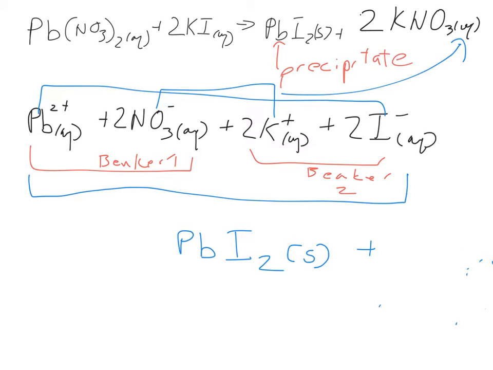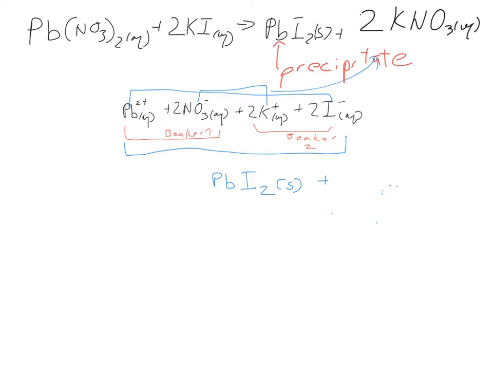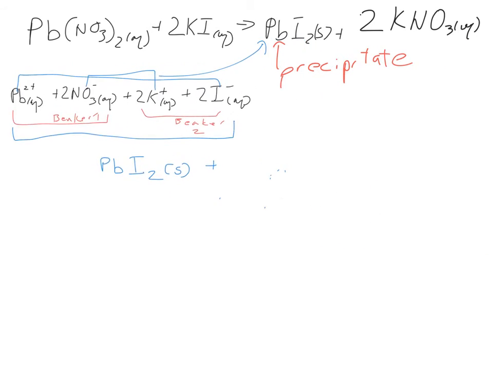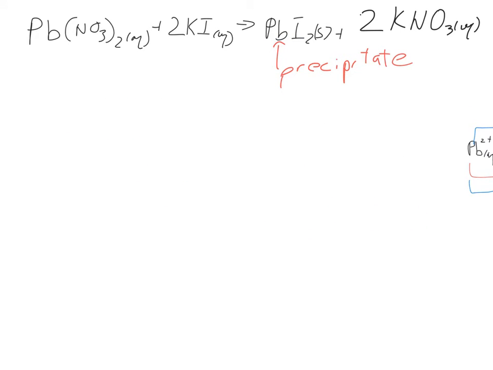So if I'm to do a little cleanup here, what we could actually say occurred in this reaction, from an ionic perspective, is that we had lead and nitrate breaking up.